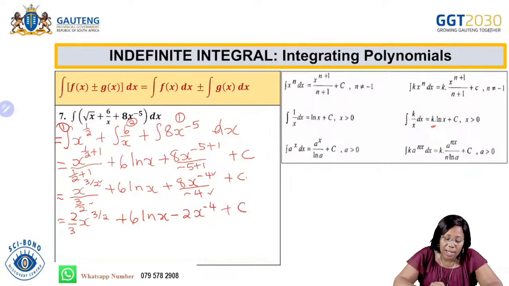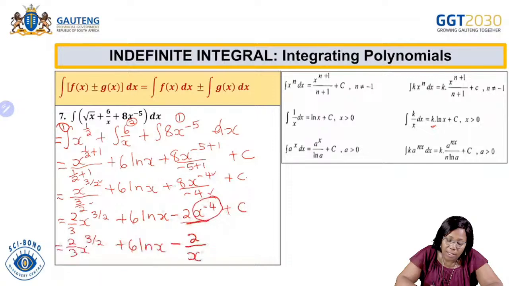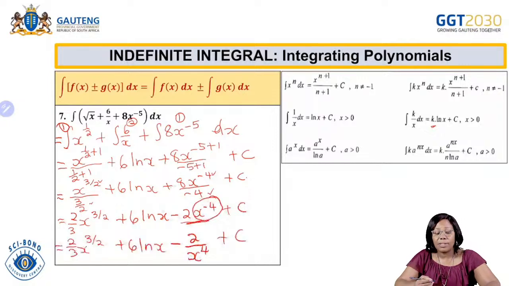We can leave it like that, or you can write this with a positive exponent. That will be 2 over 3 x to the power 3 over 2 plus 6 ln x, and then this one will be minus 2. Remember, the negative exponent is only on x, therefore you are taking that one to the denominator. It will be x to the power 4, and then we have the plus c there.